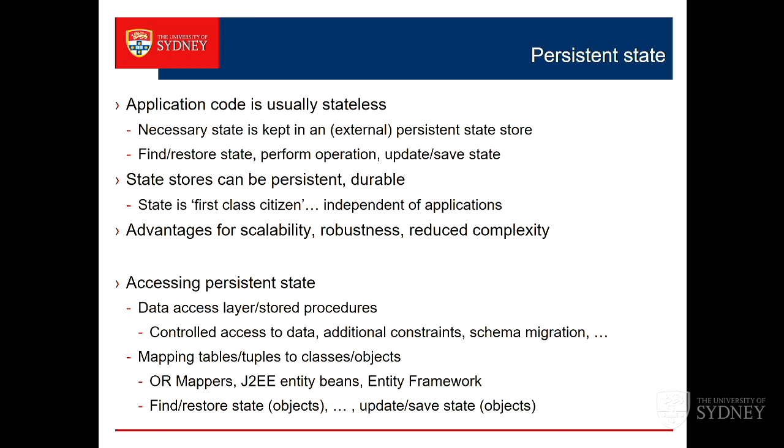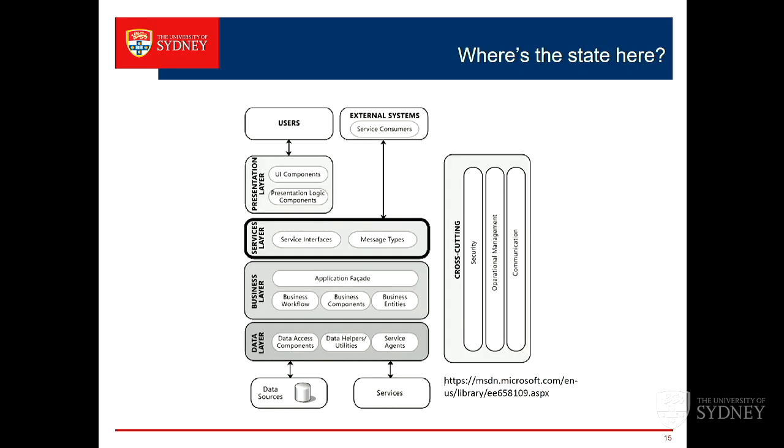And there we're going to go and find and restore objects which are entity objects, and we'll do stuff with them because they're objects an application can touch. And at the end of it, we're going to make changes to those entity objects, and something in that entity layer will then make sure that they're put away safely back in that state store. So you've all seen this diagram because it was in last week's tute.